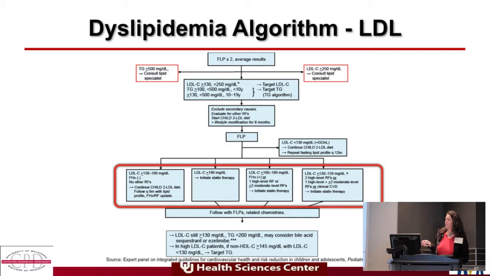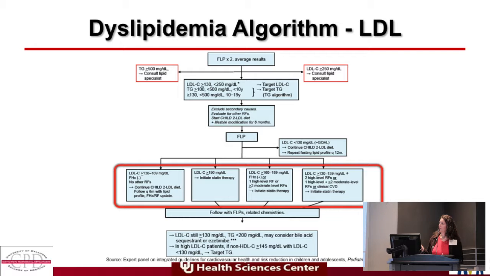So you do it based off risk factors. If the LDL is over 190, then the recommendation is to start a statin. If it's between 160 and less than 190, then you're going to look at how many risk factors they have. And same thing if it's between 130 and 160, it's dependent on the risk factors.